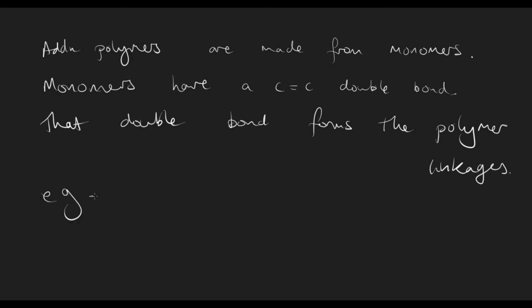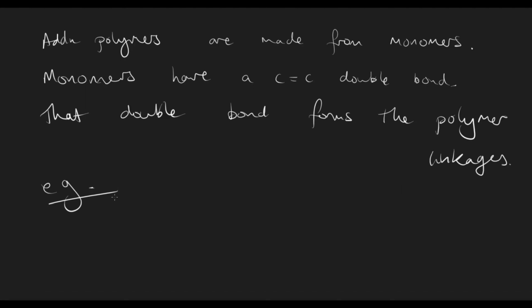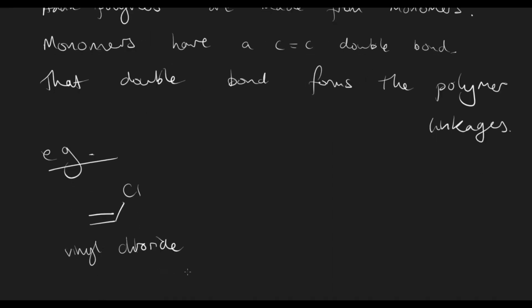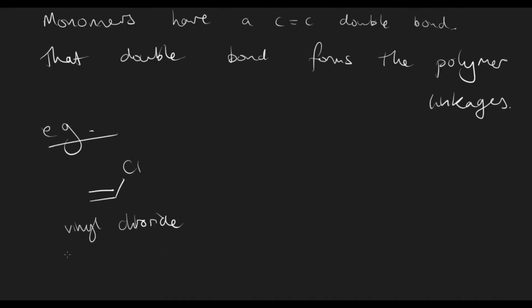So to give you an example of what I'm talking about here, let's start with this molecule, which is called chloroethene, also known as vinyl chloride. Or let's give it its full name, which is its IUPAC name, which is chloroethene.